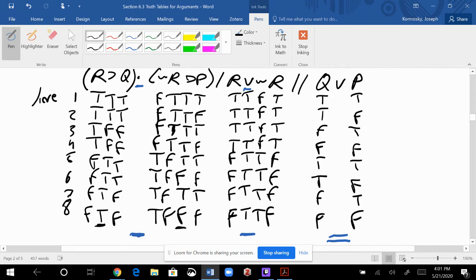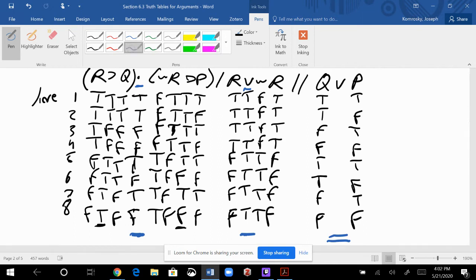Both have to be true for the whole thing to be true. So I'm just going to scan. False, true. So that's false, false, true. Well, true, true. That's true. True, false. That's false. True, true. That's true. True, false. That's false.